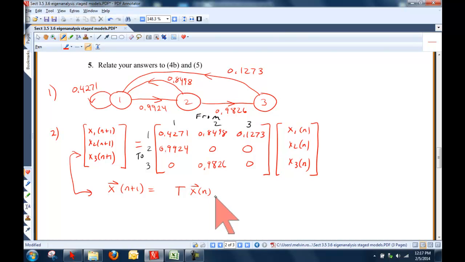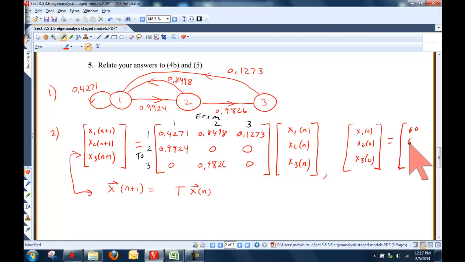So in addition, I need the information then that x1 at 0, x2 at 0, x3 at 0 are all 60. So initially the population starts out evenly distributed between the 3 age categories.